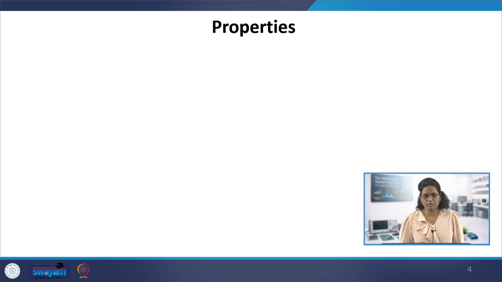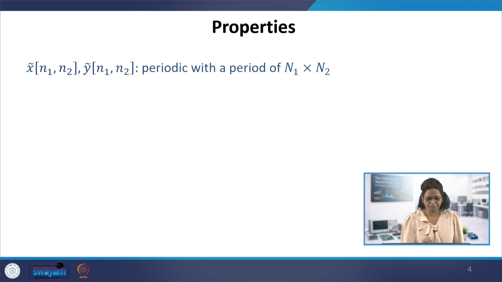So now the properties generally obeyed by the Fourier series. What are the important properties we will look into, and we will see some examples of these properties as well. x tilde and y tilde are two-dimensional sequences, and these are periodic with N1 and N2. So x tilde is periodic with N1 and N2, and y tilde is periodic with N1 and N2. Then its Fourier series would be x tilde of k1 k2.